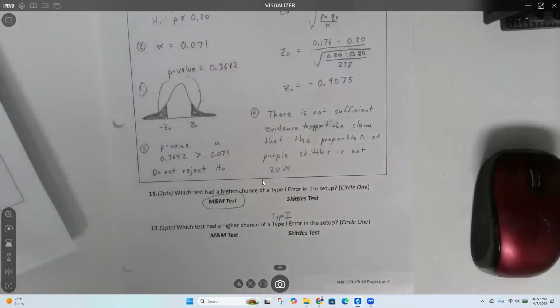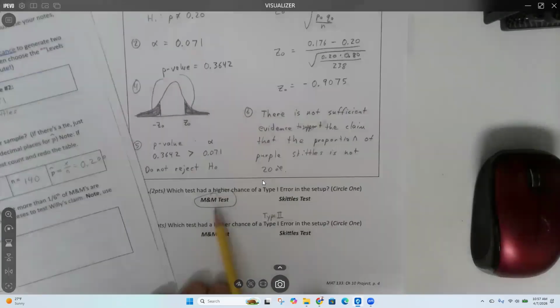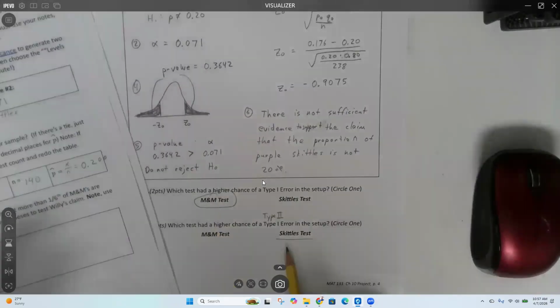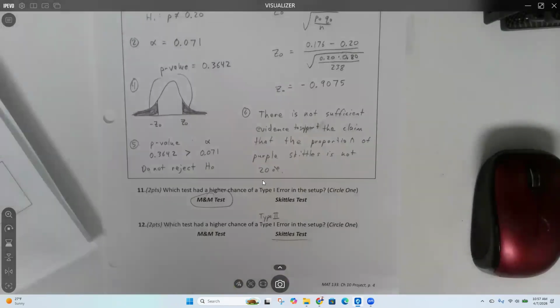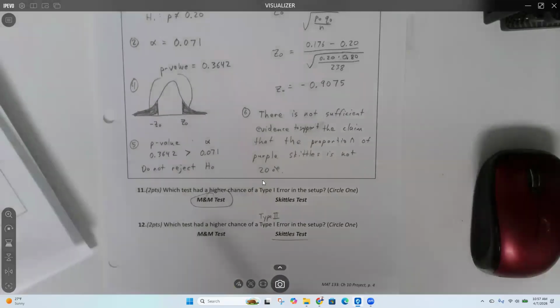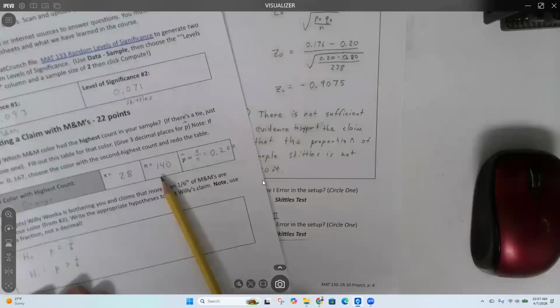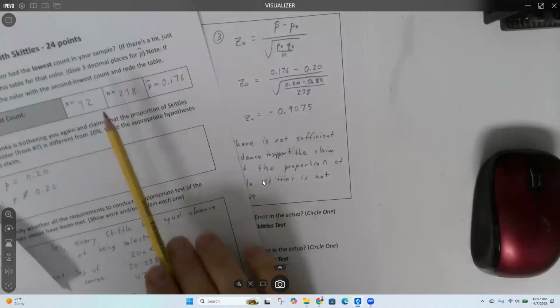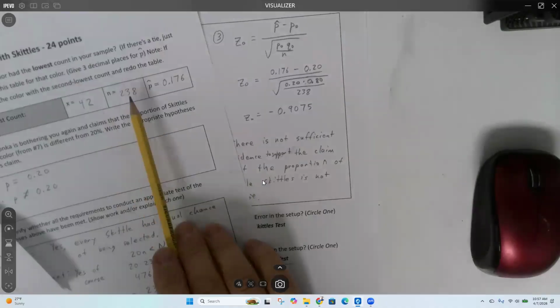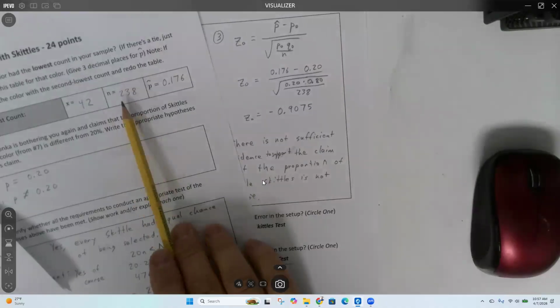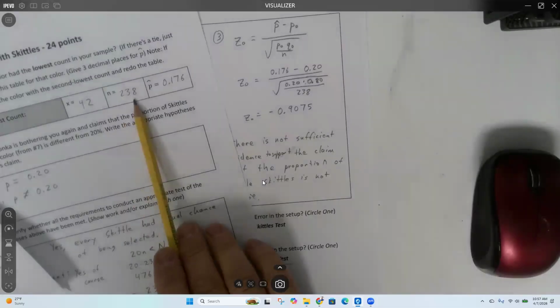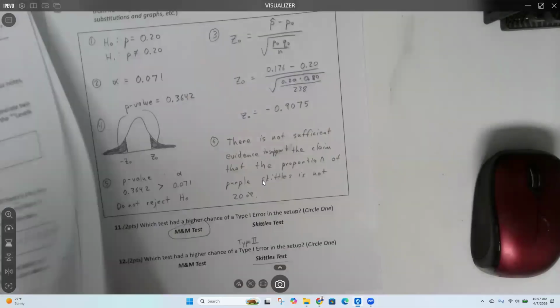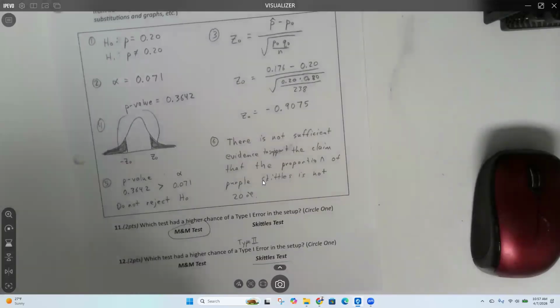So you could say, oh, well, if I circled M&Ms here, I should circle Skittles here. That's not necessarily true. That is true if the sample sizes are the same. My sample sizes were not the same. I had a sample size of 140 M&Ms, but I had 238, way more Skittles, which means, you'll remember, a larger sample size means your results are more accurate.